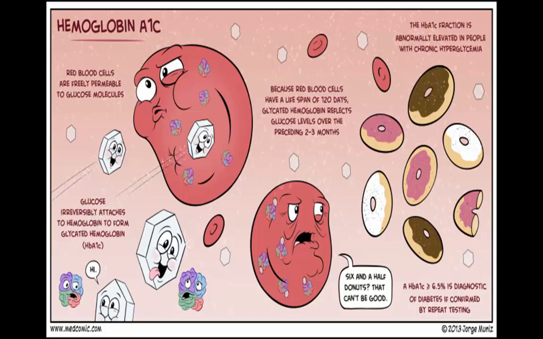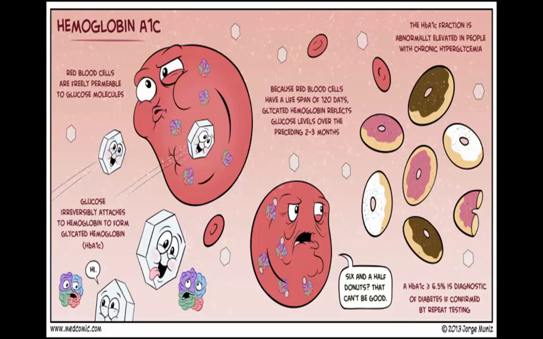Now, basically, remember that hemoglobin A1C should be no more than 6.5, okay? Because remember that diabetes decreases the lifespan of the red blood cell. Normally, it's 120 days, so when the hemoglobin is glycosylated, it basically reflects mainly the glucose levels for 2 to 3 months.